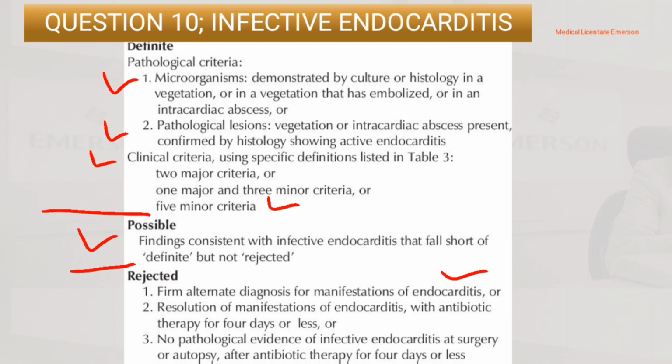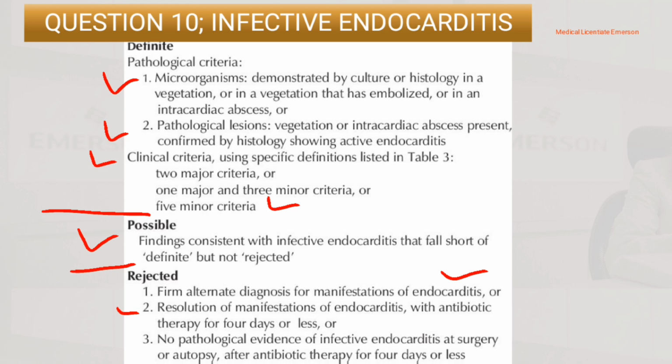Apart from the example that I gave, there can also be other conditions. Maybe they just have a myocarditis. Then you are certain to say this is a myocarditis. That's one. Then two, there can be a resolution of manifestation of endocarditis with antibiotic therapy for 4 days or less. Of course, if it's infective endocarditis, they have to be more than 5 days on antibiotics.